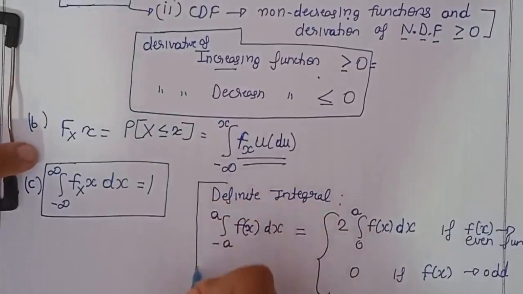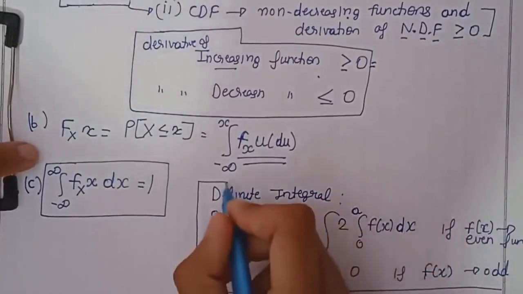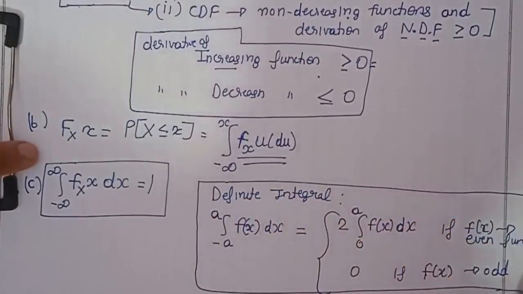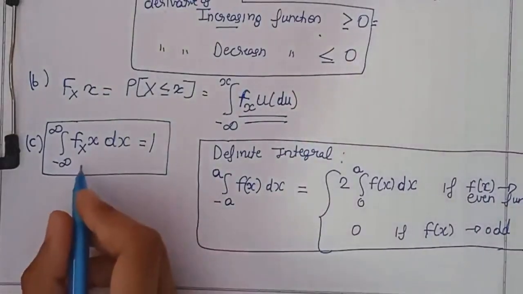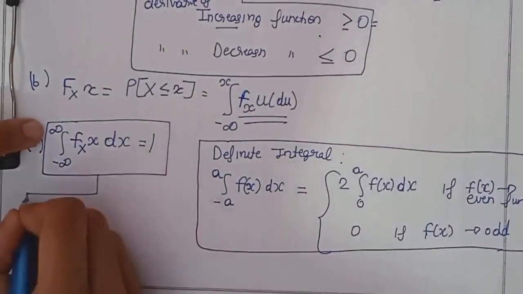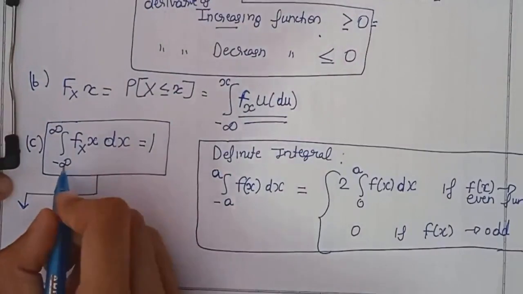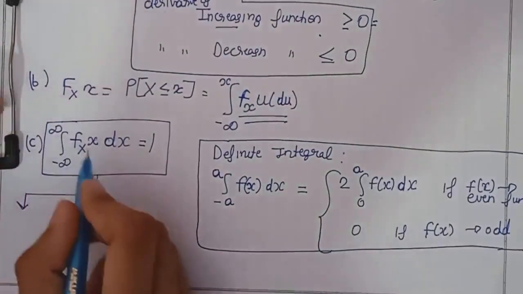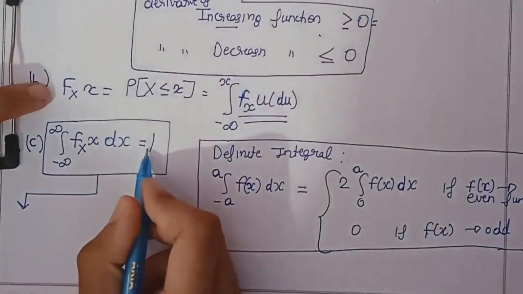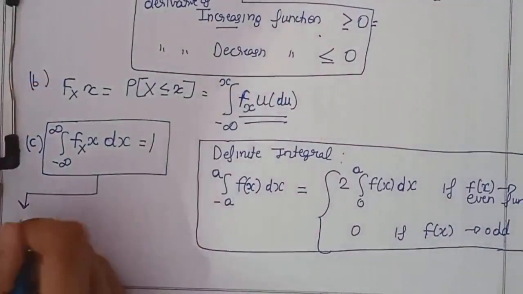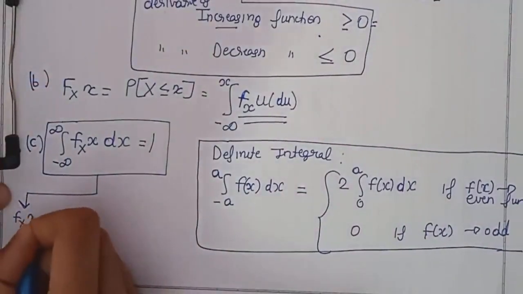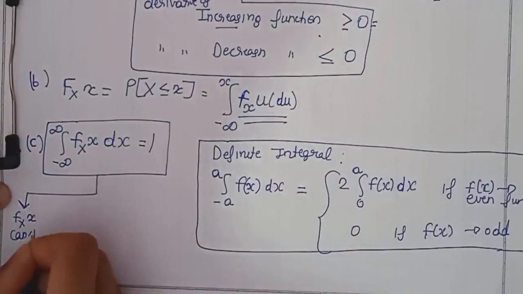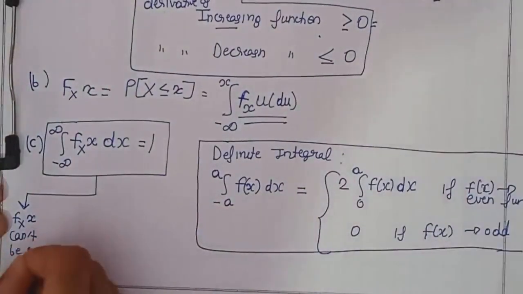So if you recall this property of definite integral and use it in this case, then you can get the result that since the integration of PDF from minus infinity to infinity is equal to 1, it can't be 0 at all. Therefore, the PDF can't be an odd function.